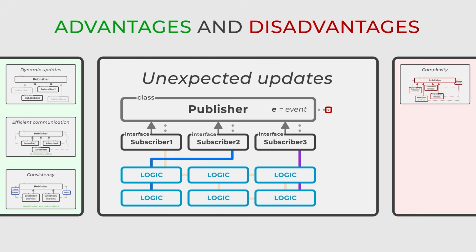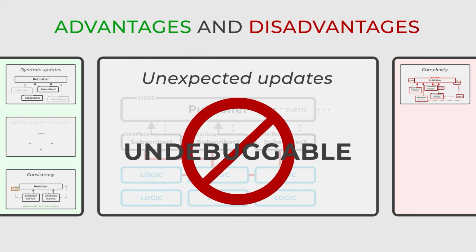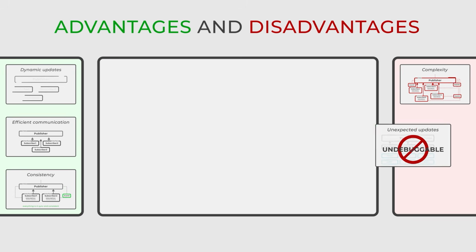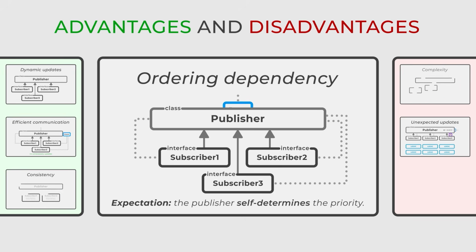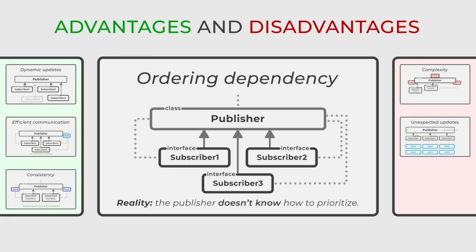This can make the behavior of the system unpredictable and challenging to debug. Finally, the ordering in which observers are notified can be an essential factor in some systems, and the observer pattern does not inherently provide a way to manage this. This can lead to design challenges and result in code that is hard to maintain.